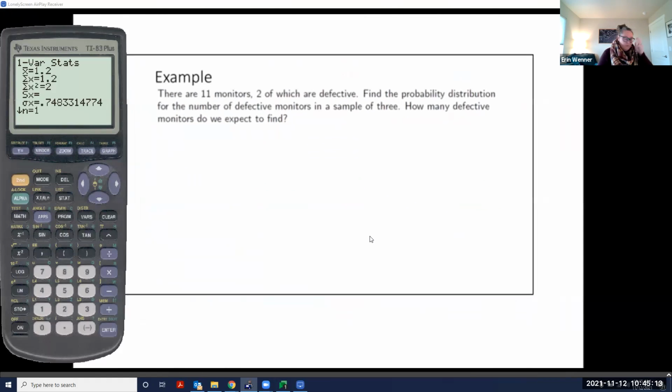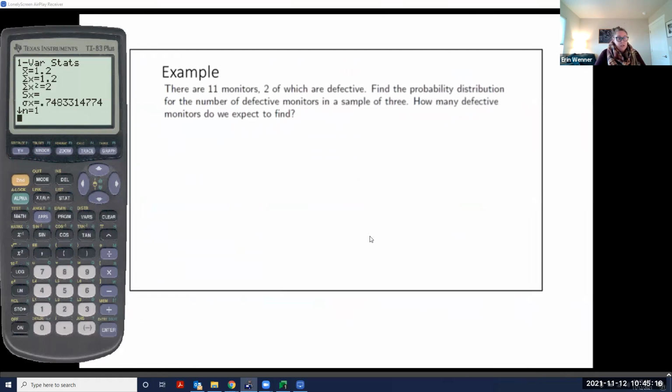So the next one is very similar to the one we just did. It says there are 11 monitors, 2 of which are defective. Find the probability distribution for the number of defective monitors in a sample of 3. How many defective monitors do we expect to find? So we're sampling 3.